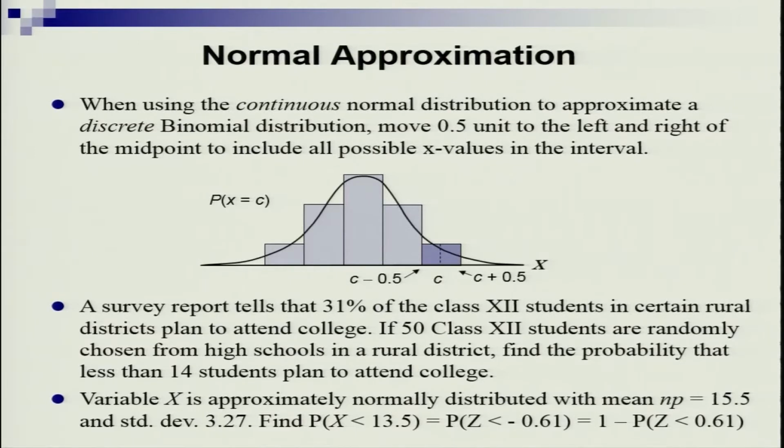So, basically I want to pass that smooth bell shaped curve through this histogram such that this histogram is kind of enveloped by this smooth curve.